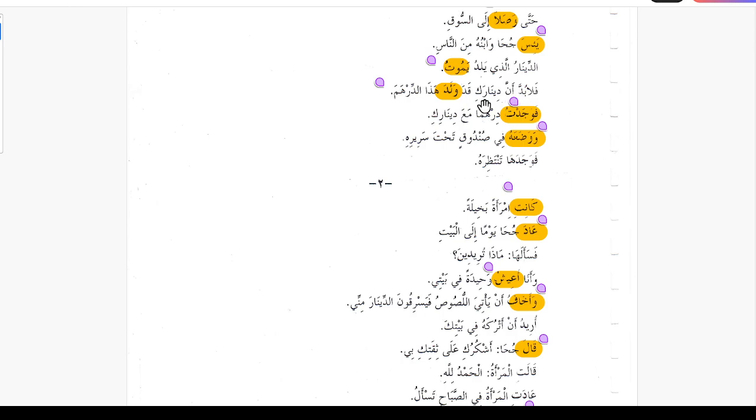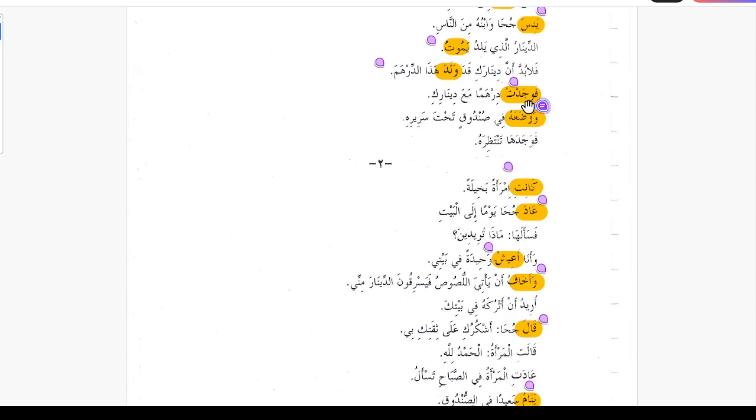So your dinar certainly gave birth to this dirham. This is the literal meaning of this sentence.